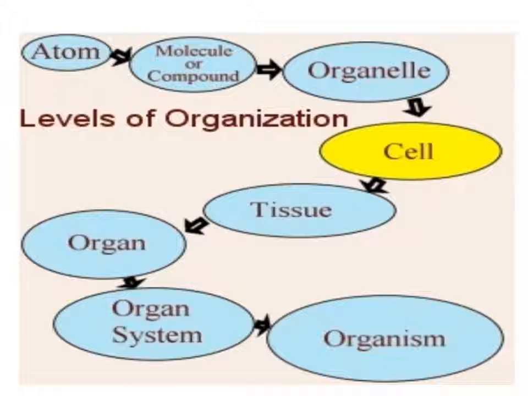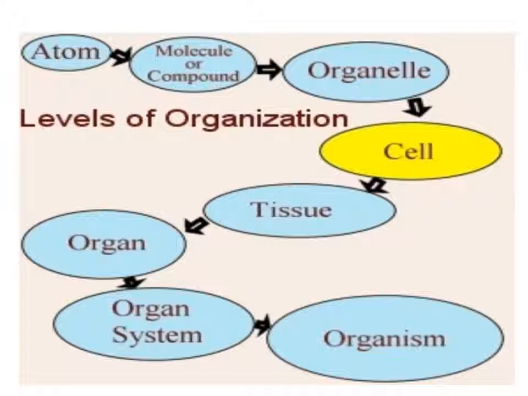If you look at the organization of living things, we start with the smallest particles of matter, which are atoms. These are the things like carbon and hydrogen found on the periodic table. These atoms can join together to form molecules like water or compounds like table salt.